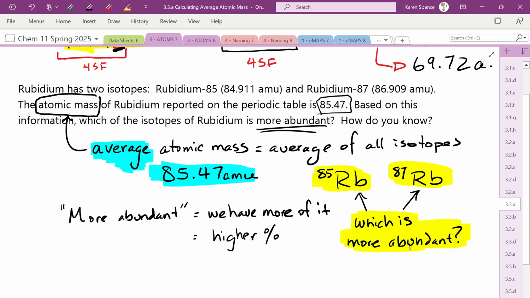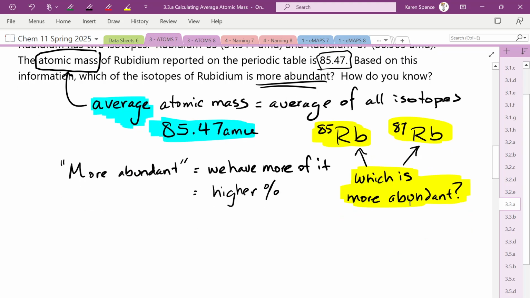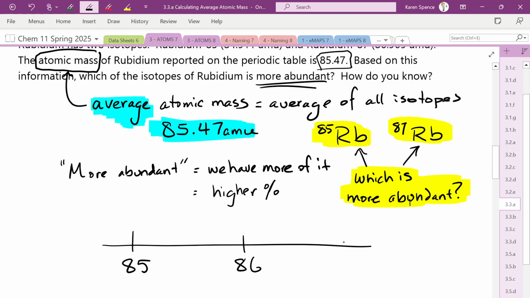Okay, is it rubidium 85? Raise your hand if you like rubidium 85. Raise your hand if you like rubidium 87. And be like, I don't know yet, which is perfectly fine. I don't know yet is a good answer too. Now if we have a number line here, we have 85, we have 86, and we have 87.